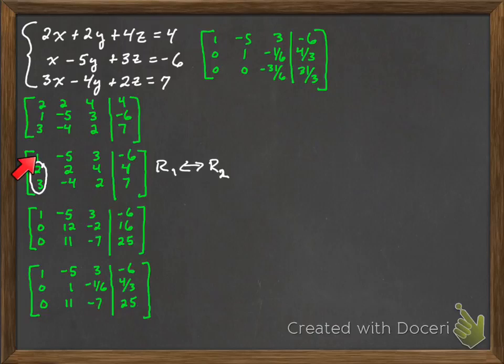So we're multiplying row 1 by negative 2 and adding it to row 2. All right, so to cancel the 3, we're going to multiply row 1 by negative 3 and add that to row 3.